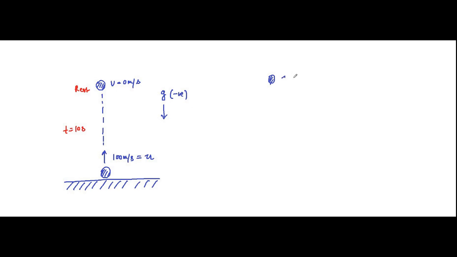The final velocity 0 meters per second during the upward motion becomes the new initial velocity, and now it moves with the support of gravity and comes downwards with the same final velocity, that is 100 meters per second, at the identical point.